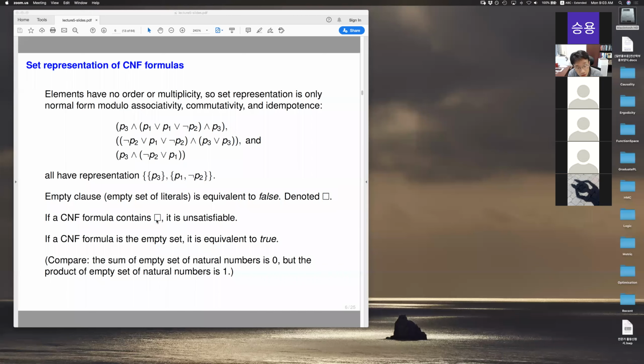It doesn't contain anything, which means it's equivalent to false. If we have false and something, that's going to be unsatisfiable. In some sense, the whole purpose of using a resolution proof system is to derive this box from a given CNF formula.